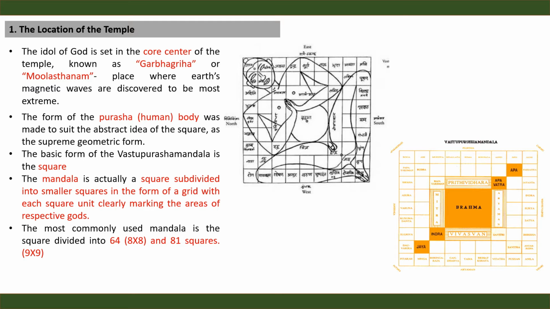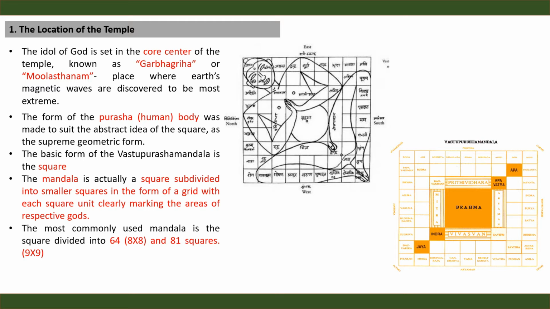The form of Purusha or human body was made to sit or suit the abstract idea of the square as the supreme geometric form. The basic form of Vastu Purusha Mandala is a square.